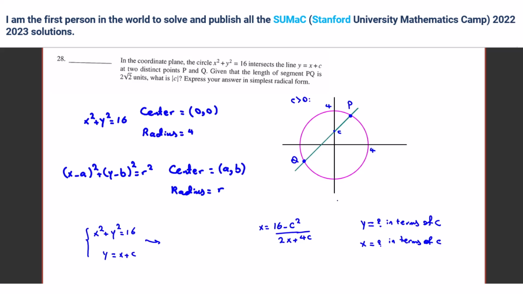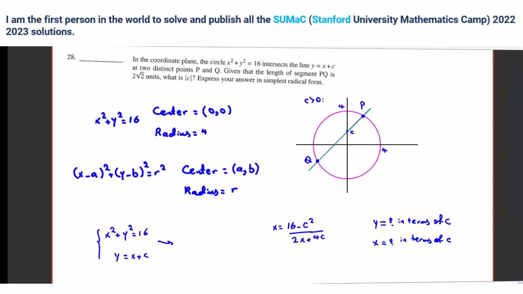I said you found x in terms of x again, right? Yeah, I said it's not valid. How can you find x in terms of c? You should apply the quadratic formula, and you will find two x's. So apply the quadratic formula to this part and find two values for x in terms of only c.